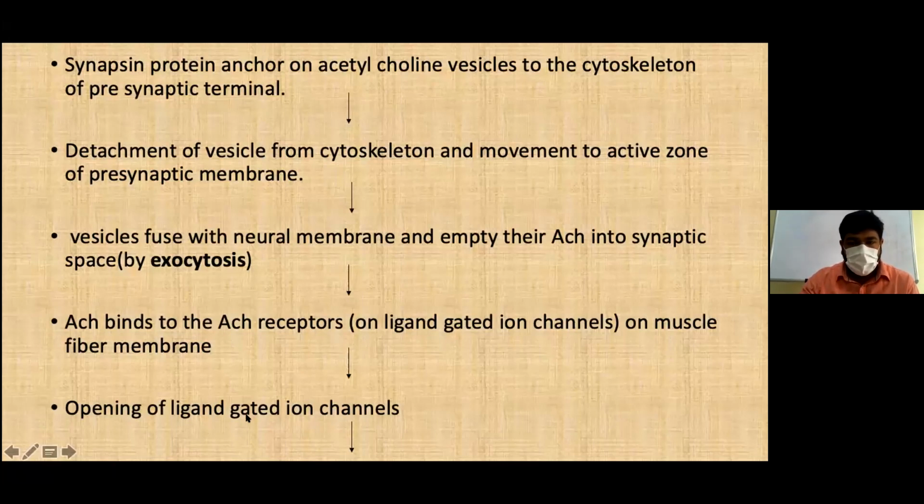Can you hear me? Raviteja? Your voice is not audible. Raviteja?